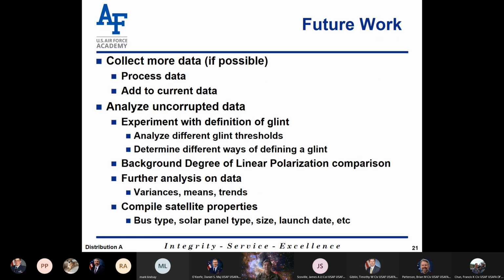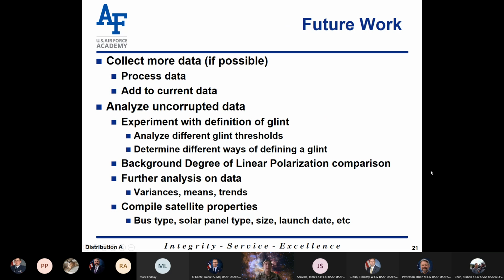So, future work. There's not too much more time that I have to do future work, but we've collected a lot of data. We might get one more night of data after the equinox, not positive, but if we can, I'd like to observe one more night. The big thing I'm focusing on for the rest of the time I have is analyzing the uncorrupted data.